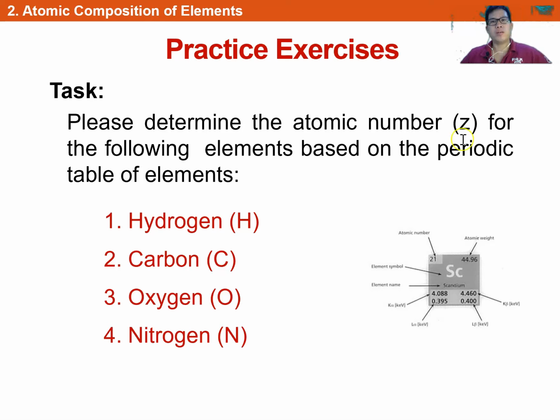Okay, let's try this one here. Please determine the atomic number for the following elements based on the periodic table of elements. You can pause the video, take out the periodic table of elements and try to do this. Look at the top left hand corner, the number we call the atomic number.